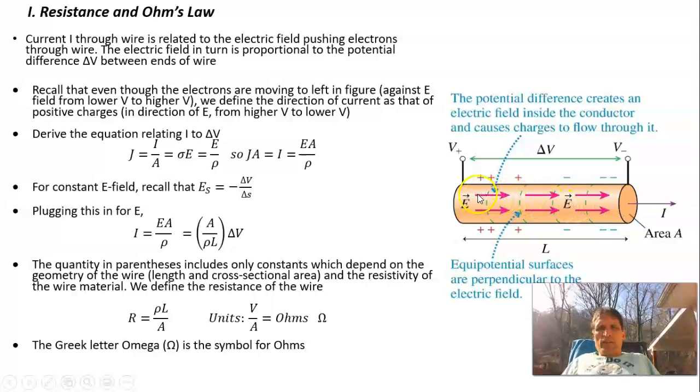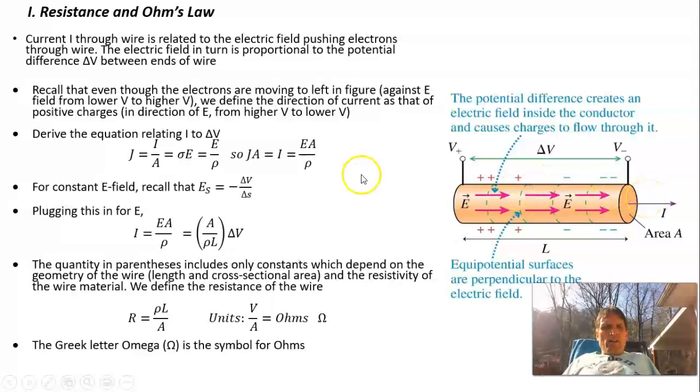And so positive charge would move from higher potential to lower. And so we define the current as going left to right in this case, from higher potential to lower, even though we really know that it's the electrons moving right to left against the field. That's the same as positive charge moving left to right. So we define the current as going from left to right.